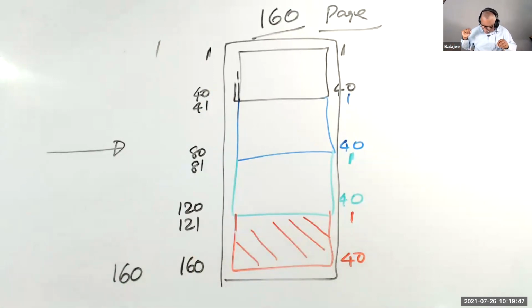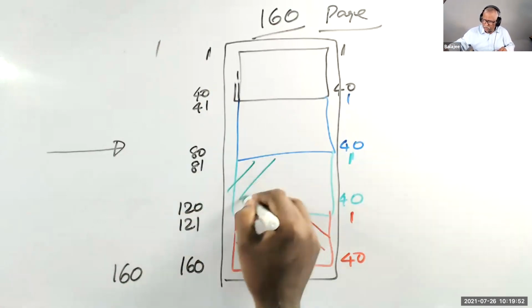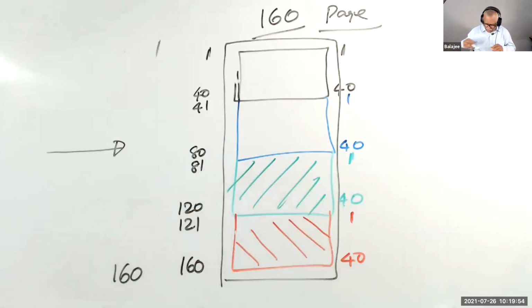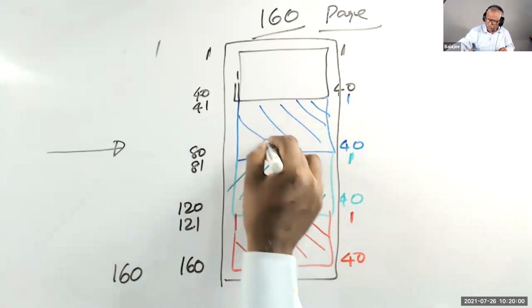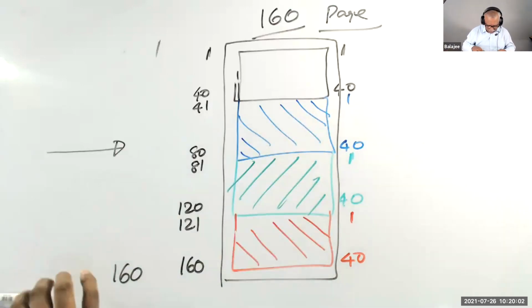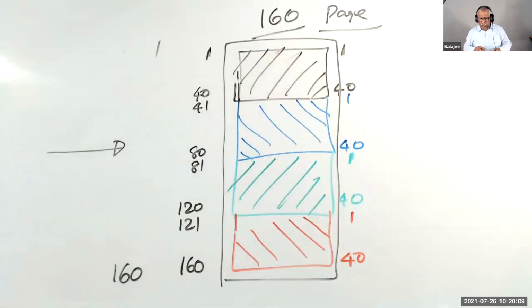Anything between 81 and 120 lies on green. Anything between 41 and 80 lies on blue. Anything from 1 to 40 lies on white. Am I right? So you understand this very thoroughly. You do it in college and school also.